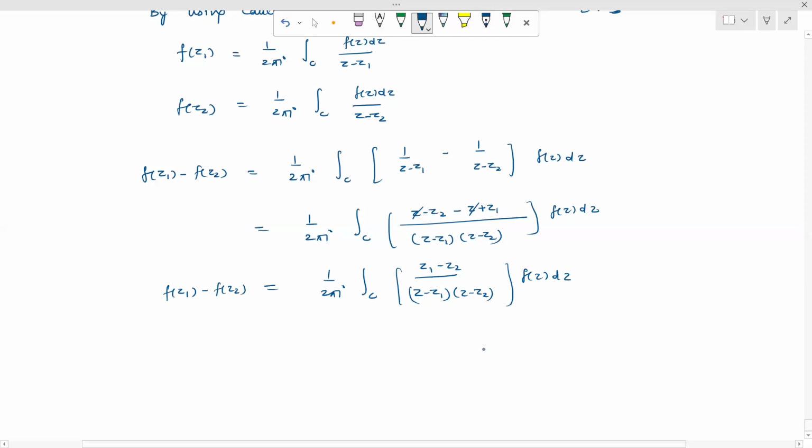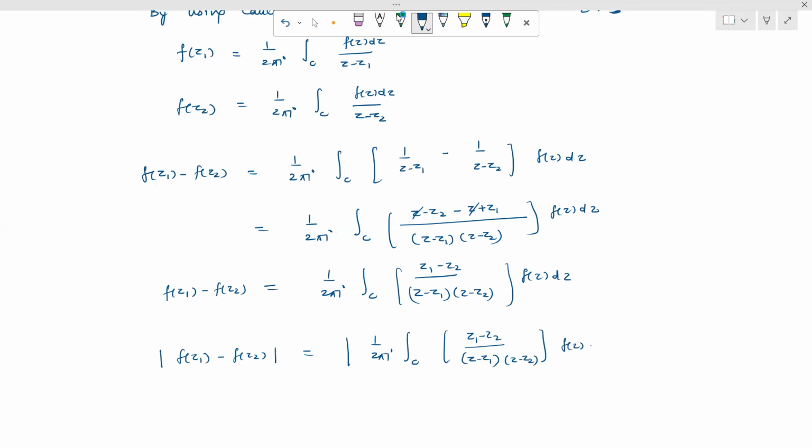Now taking modulus both sides, we can write modulus of f of z1 minus f of z2 is equal to modulus of 1 upon 2 pi i integration of (z1 minus z2) upon (z minus z1)(z minus z2), times f(z) dz.